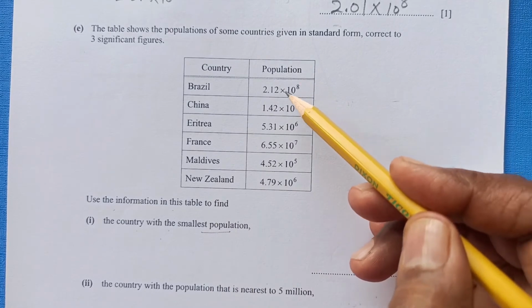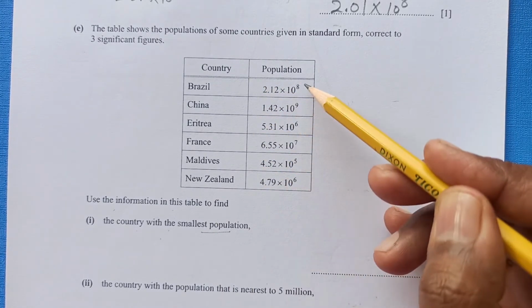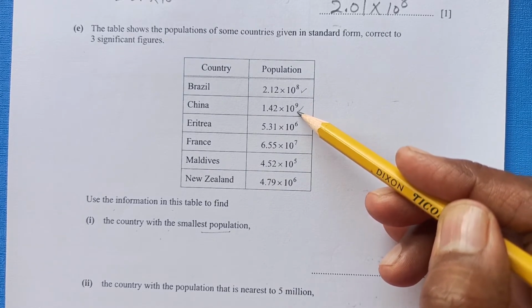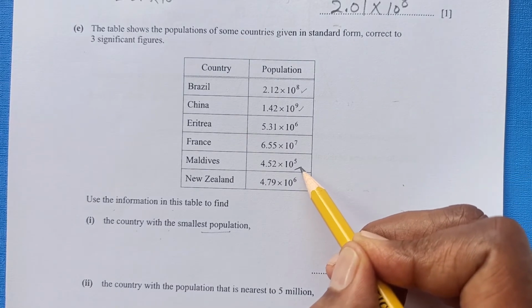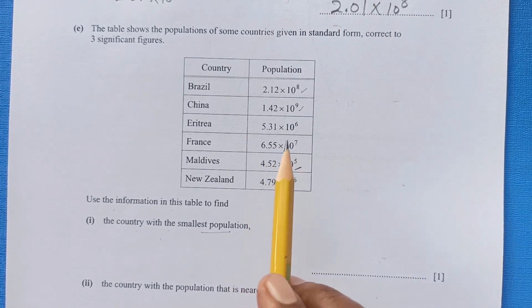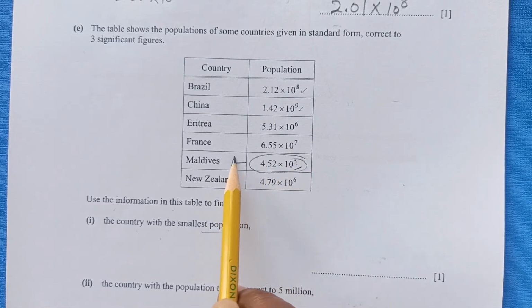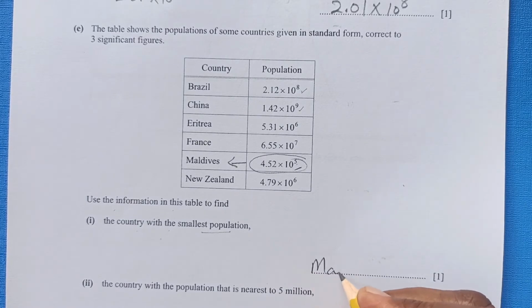Now, you need not go with this, you need to go with this one. So here we have 10 raised to power 8, here we have 9, 6, 7. Which one is smallest? The smallest one is here with 10 raised to power 5. So which country is that? This is Maldives. So we can write that down here.